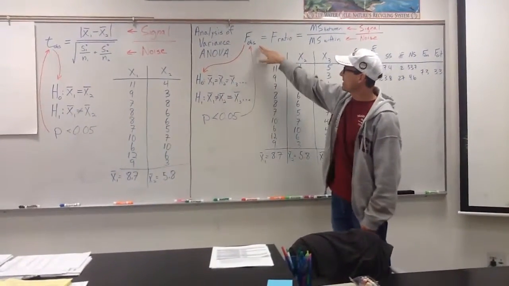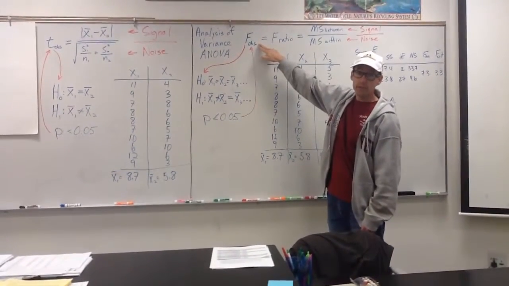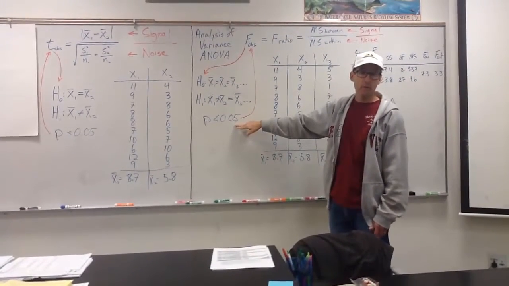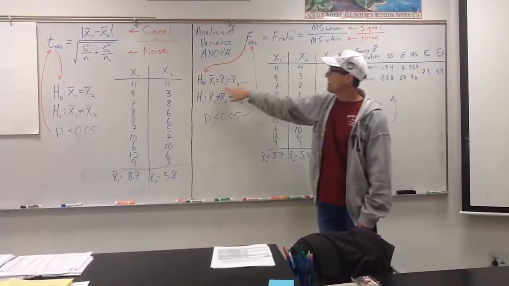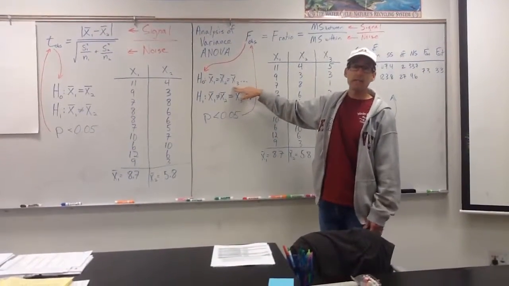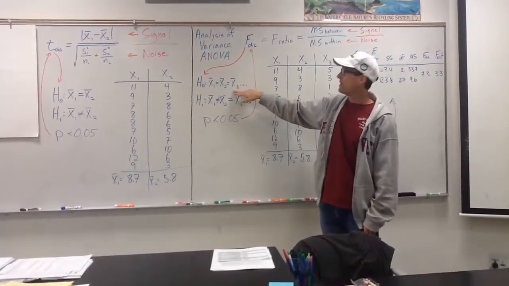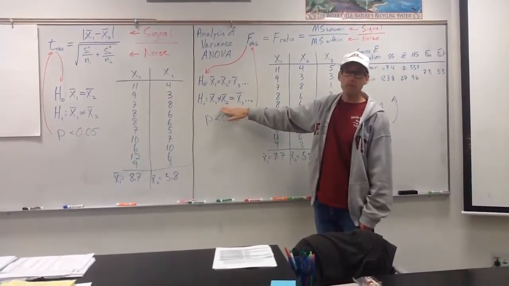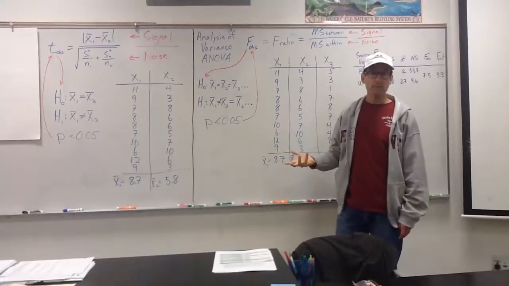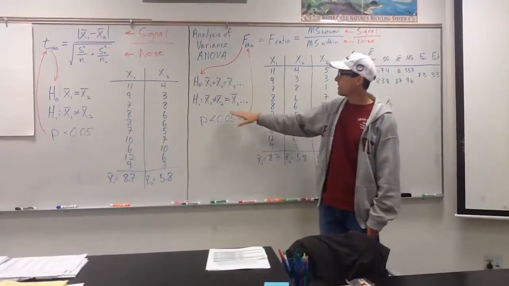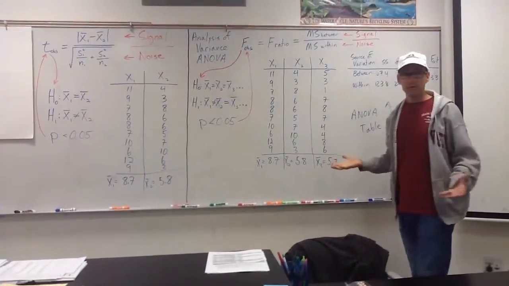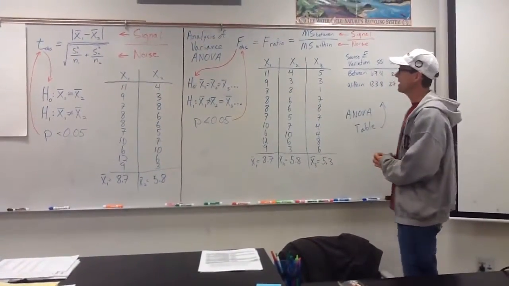If the probability of getting this statistic is really, really rare, in this case less than a 1 in 20 chance, then this expression is likely not true. I can reject this idea, and the alternative hypothesis that at least one of the means is significantly different from all of the others becomes more likely. And I have what's called a treatment effect in the analysis of variance.